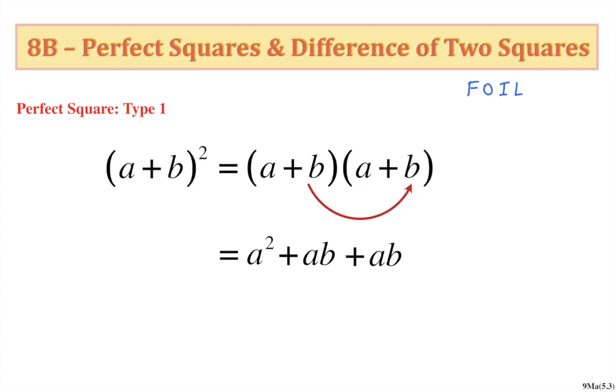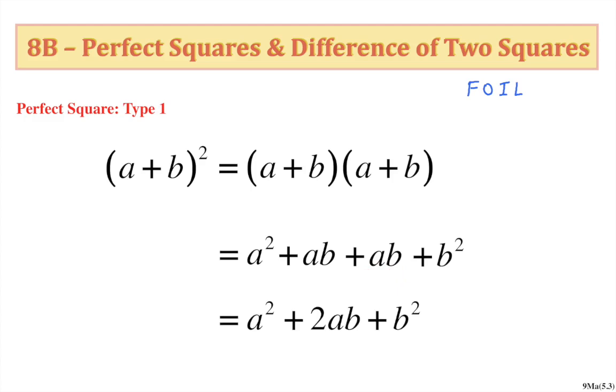B times b is b squared. You can see that we have an ab there. That's plus 1ab plus another 1ab, which means I've got 2 ab's. So that is my final answer, which means a plus b in brackets squared actually ends up equaling a squared plus 2 lots of ab plus b squared.